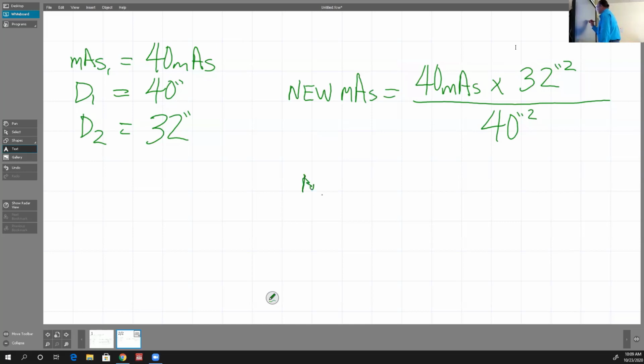And so the new mass is going to equal what? 25.6.